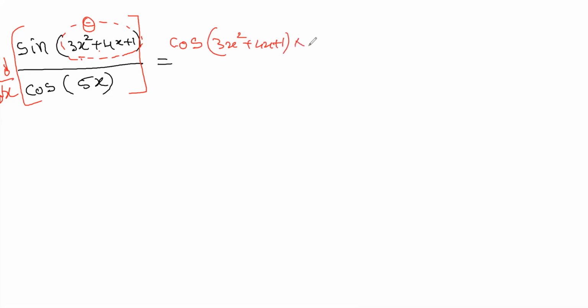Into 6x plus 4 plus 0, and into cos 5x. That's for the first term.